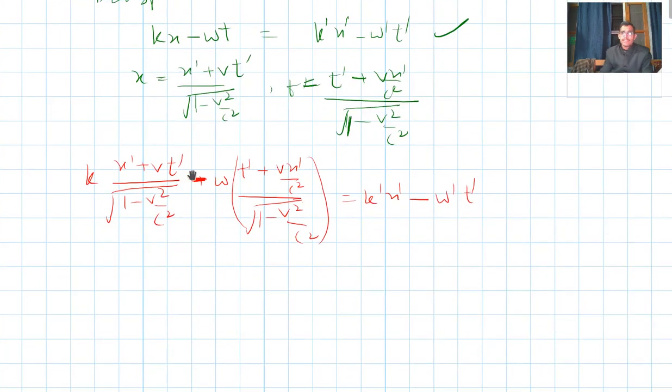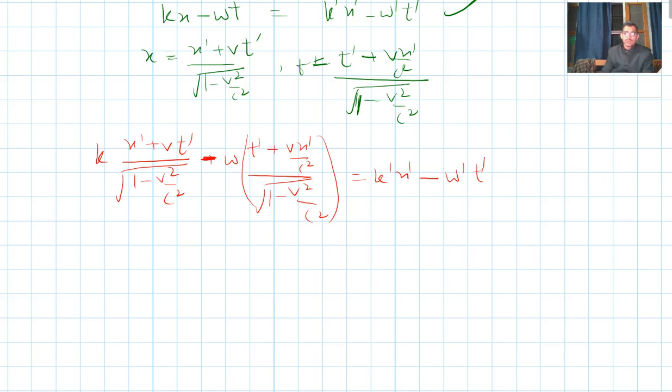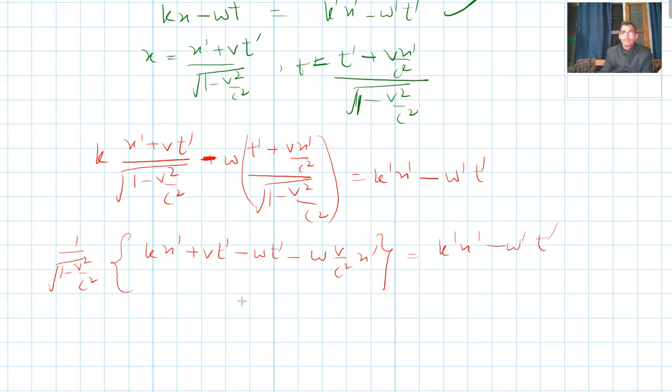Let us do a little algebra. The factor 1 over root of 1 minus v square over c square can be taken outside because it is common, and inside we are left with k x prime plus k v t prime minus omega t prime minus omega v over c square x prime.